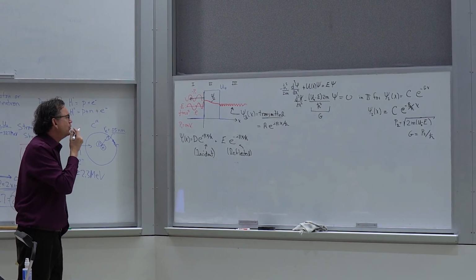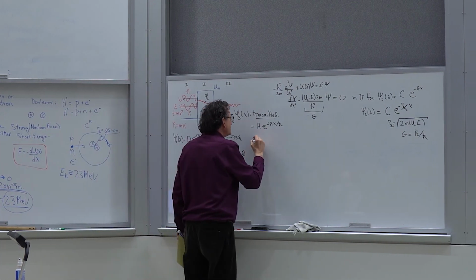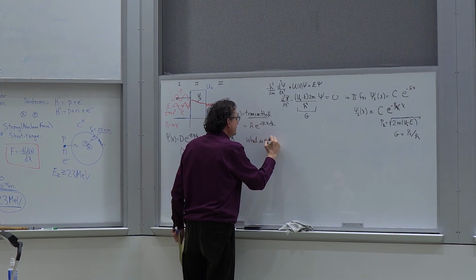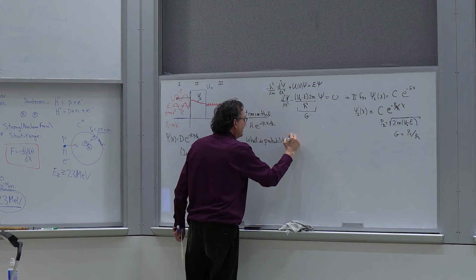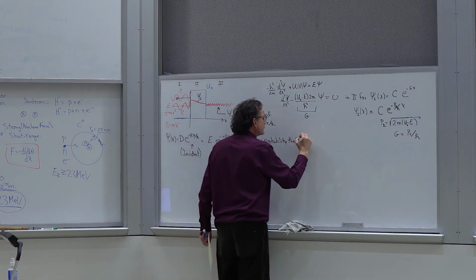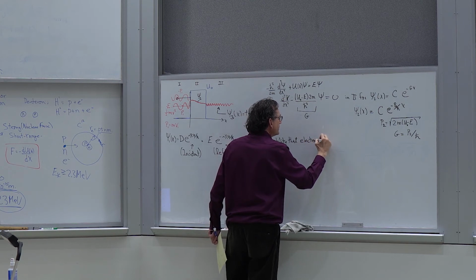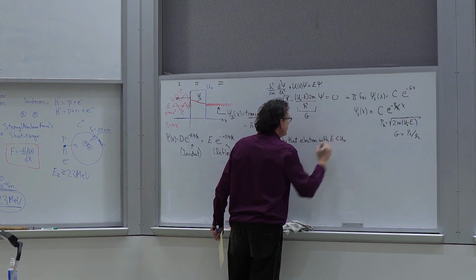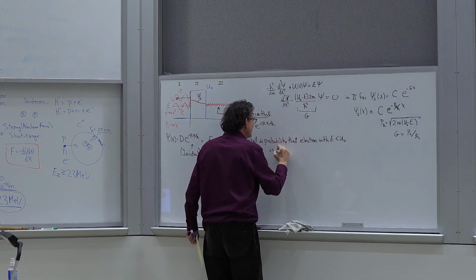All right. So now, what are we looking for? Well, what we want to know is what is the probability that an electron with energy E less than U0 is transmitted through the barrier?